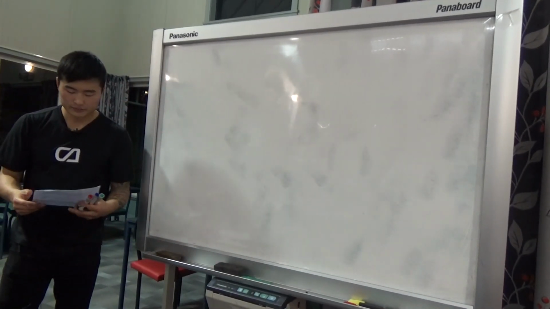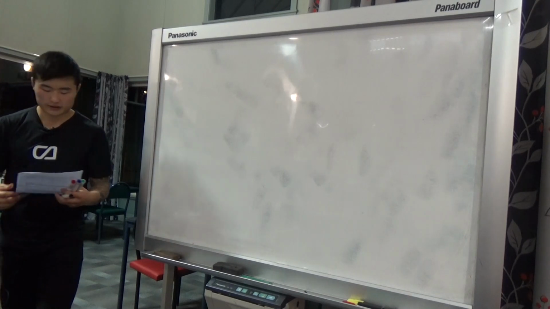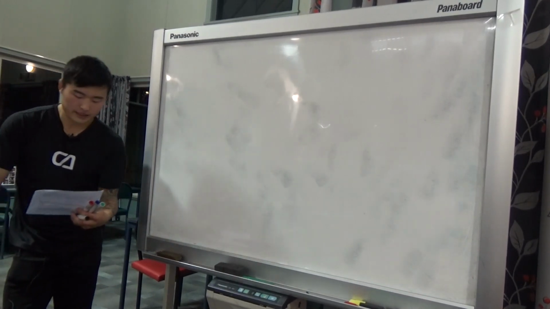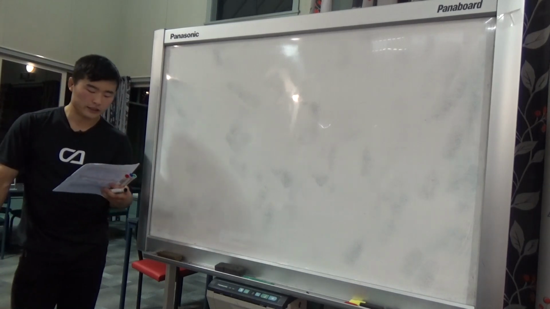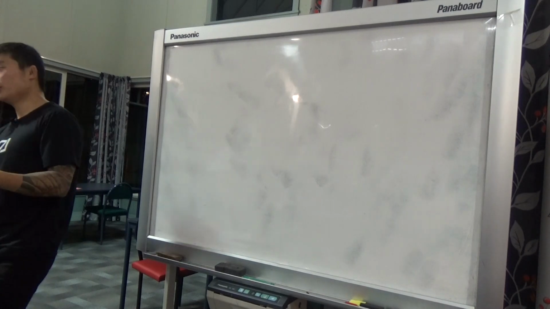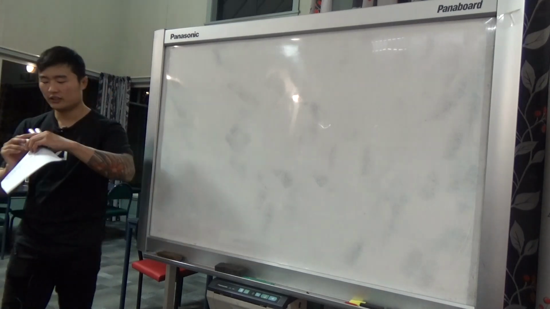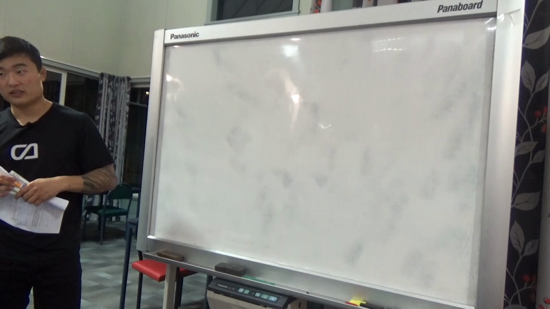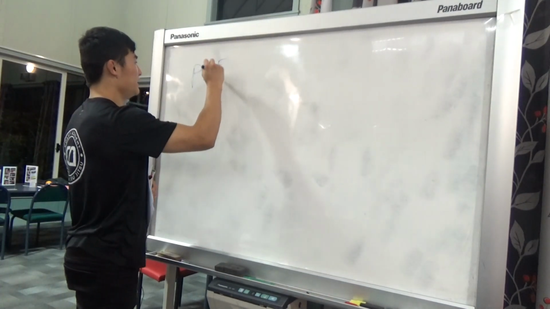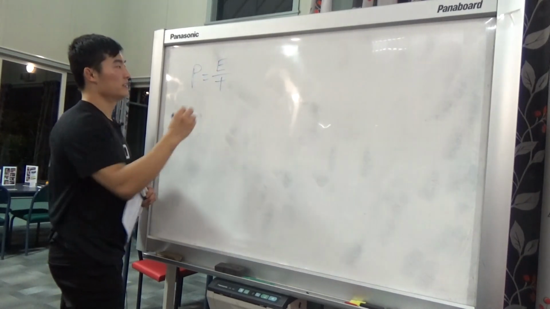Number 12, we have a beam of gamma photons used in radiotherapy to irradiate a 50-gram tumor. If the beam has a power of, so remember power, it's very important that you know what power is, and lots of people don't. So power is equal to energy over time.